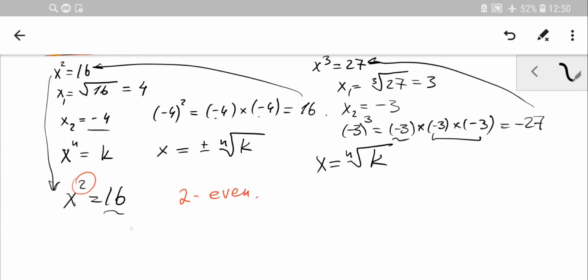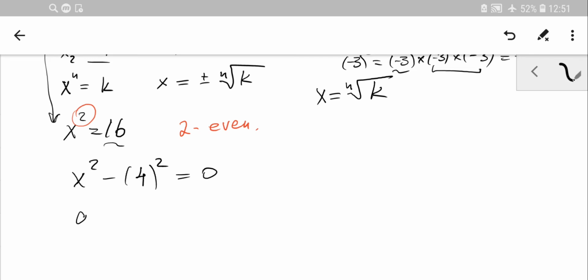We can try to set up 16 and transfer it to the left side as 4 squared, imagining that 16 is a square number, right? That's why we're eligible to put 4 squared. Once we transfer, we get 0. And now remember the formula about the difference of two squares.